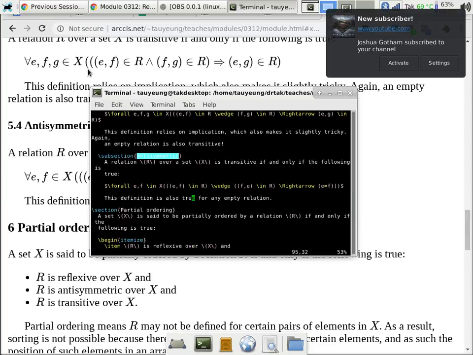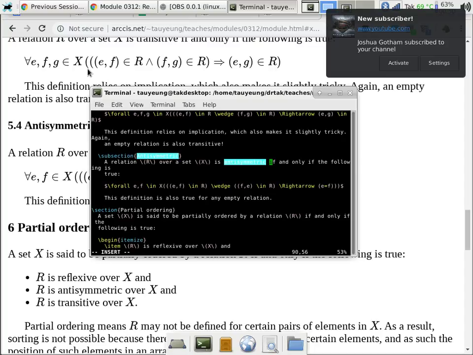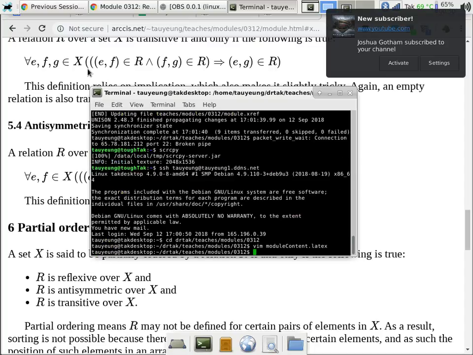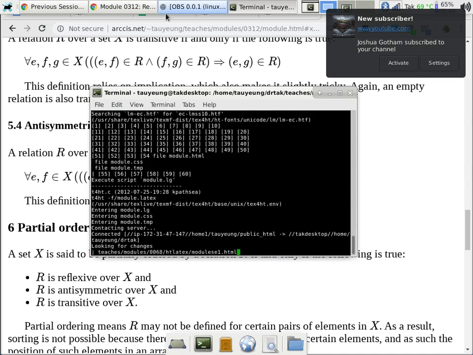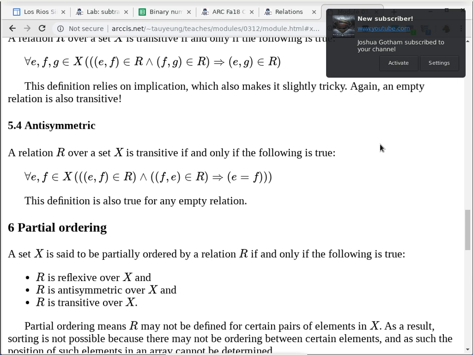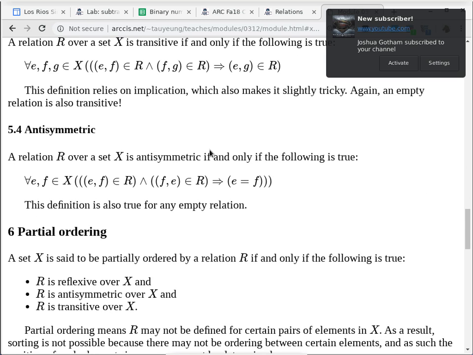Okay, right here. Anti-symmetric is the word. And then we'll publish it again. There we go. And now it's fixed, I think. Yep, so anti-symmetric. There we go. Not exactly what you see is what you get, but I would say close enough.